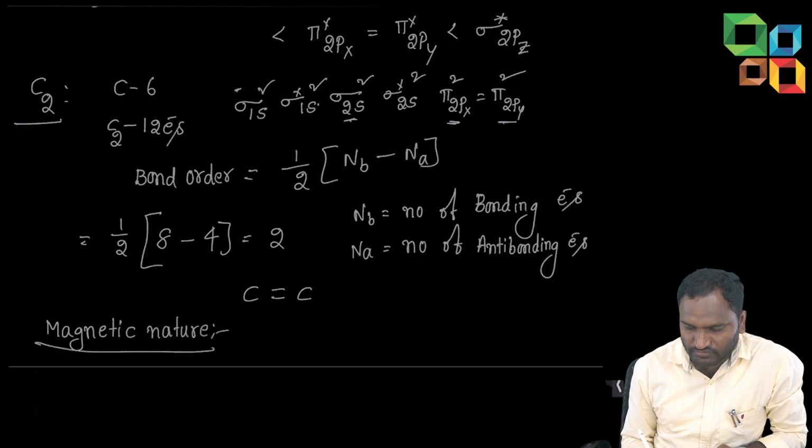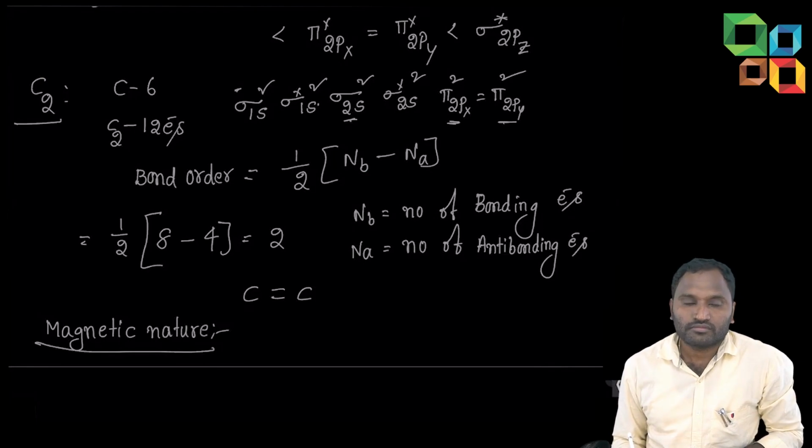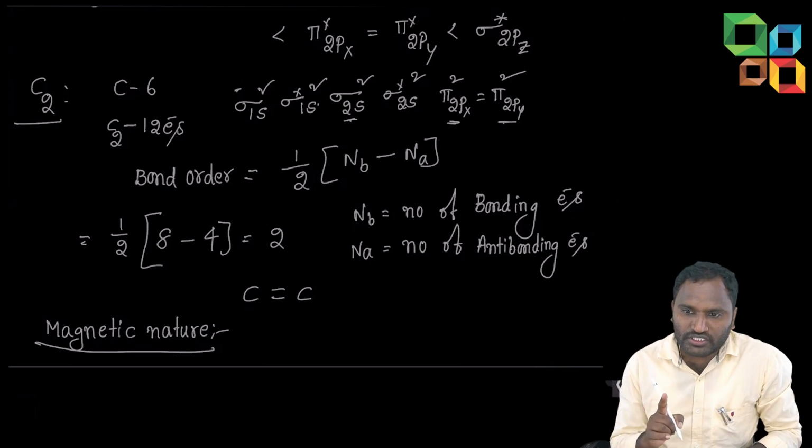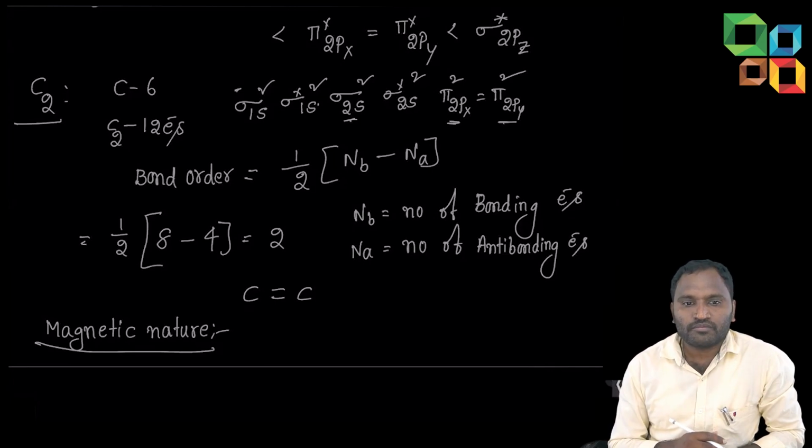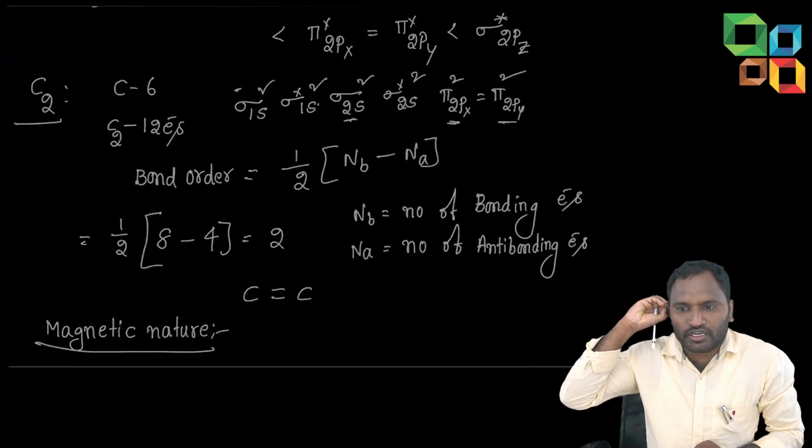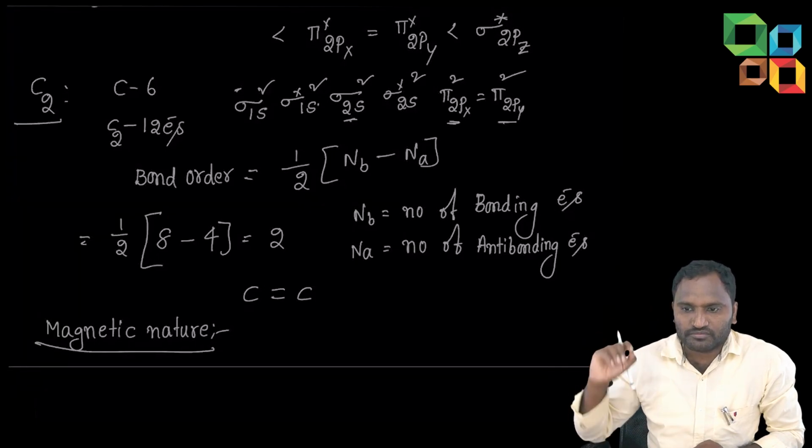Magnetic nature. If all the orbitals get two electrons, diamagnetic. If any unpaired, meaning a single electron is there in an orbital, it is paramagnetic. Is it paramagnetic or diamagnetic?